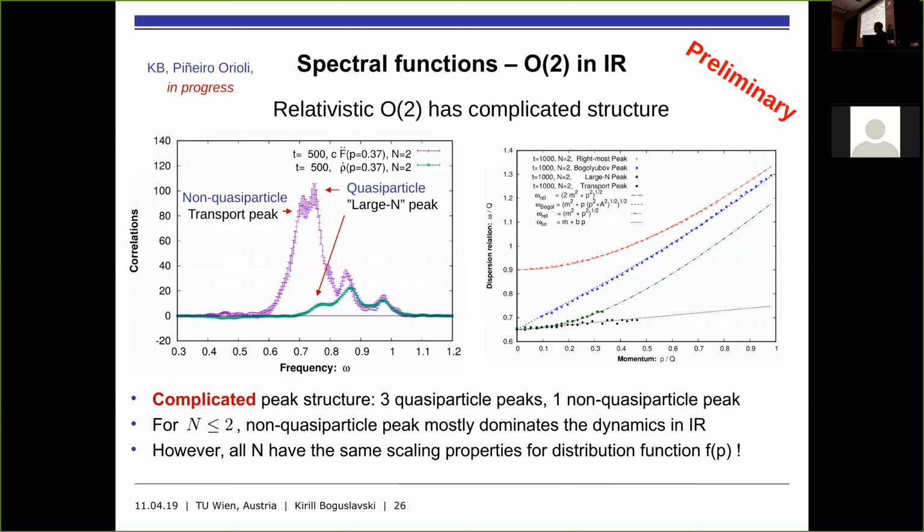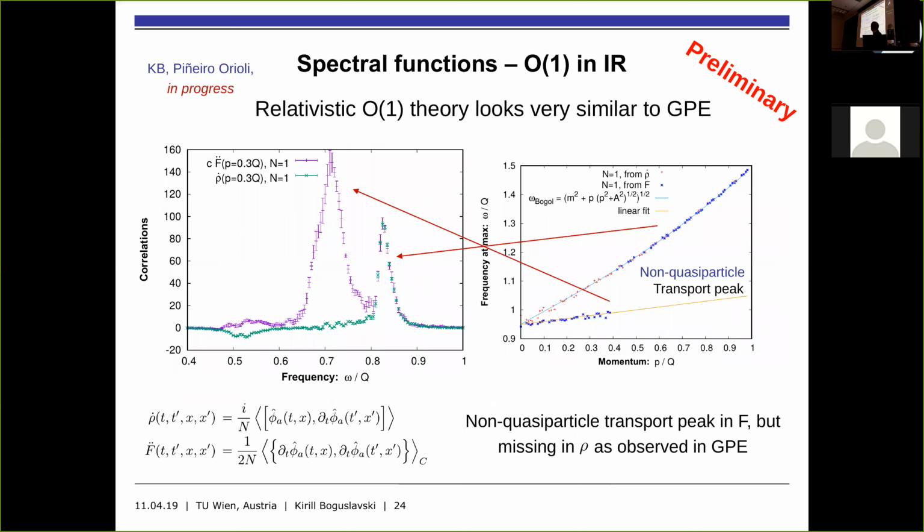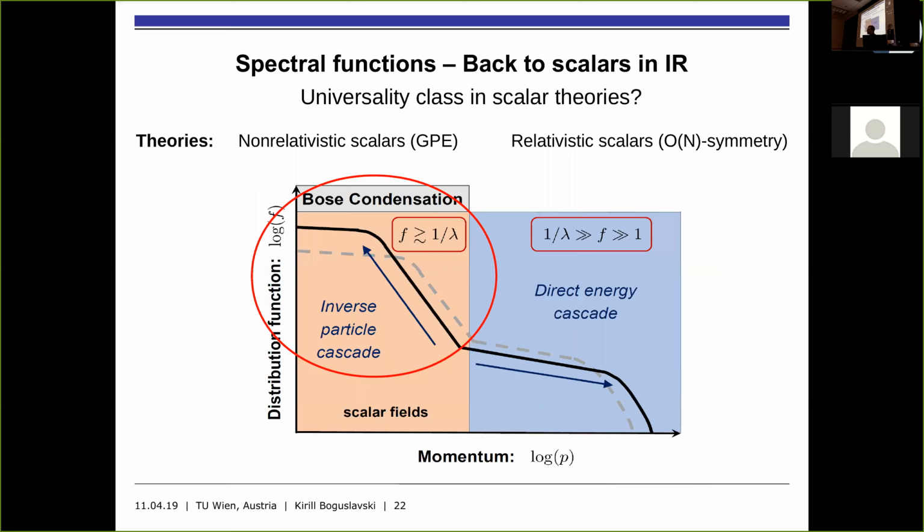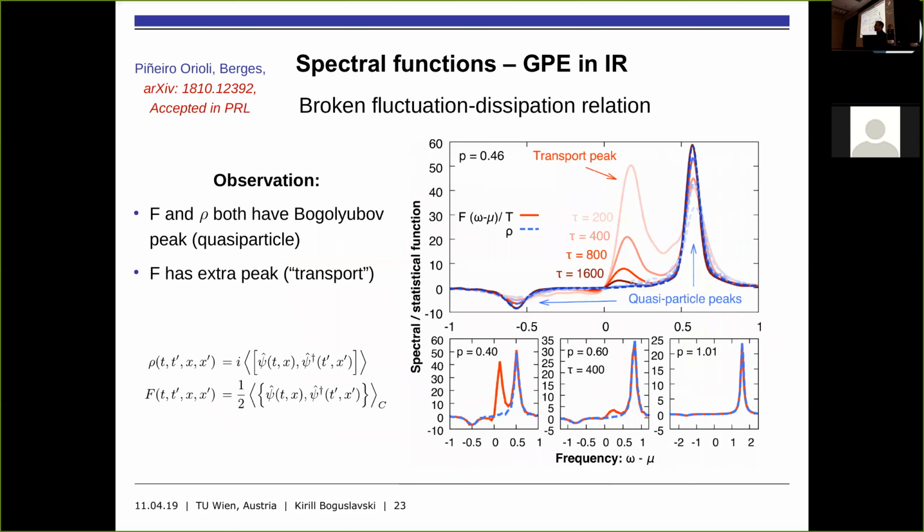So basically, again, all of this is preliminary. Well, not the results, but the interpretation and all of that. What we find are 3 quasi-particle peaks and 1 non-quasi-particle peak for n equals 2. For n smaller or equal to 2, this peak dominates this infrared part, while for n larger or equal to 3, this large n peak dominates that.